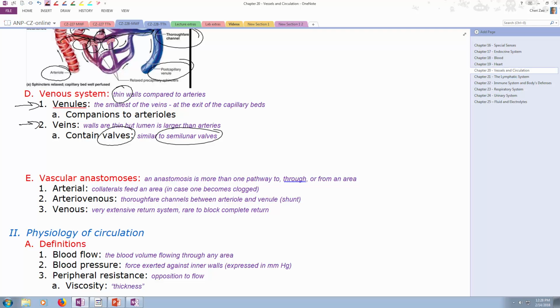The thing about veins, they are low pressure systems, so can only withstand low pressure. The valves, of course, prevent backflow.